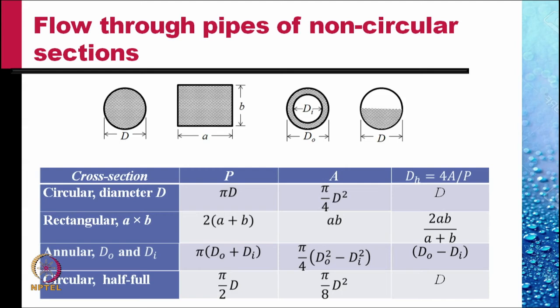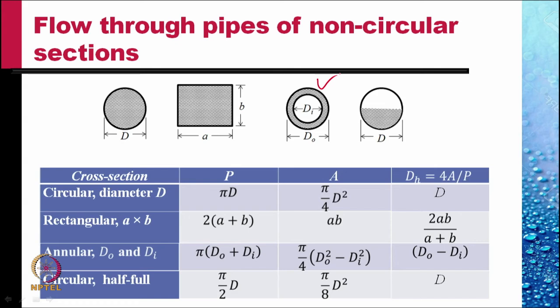For an annular pipe, the wetted perimeter is pi times d naught plus pi times di, and the area of flow is pi by 4 into d naught square minus di square. In calculating 4A by P, we get the hydraulic diameter as d naught minus di.